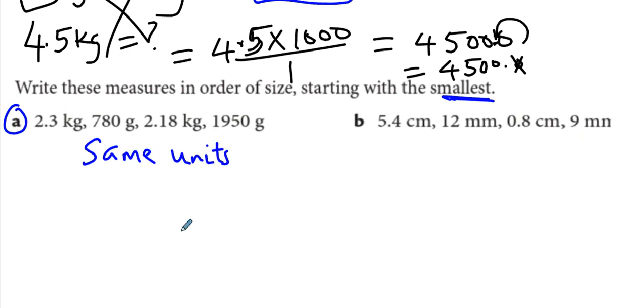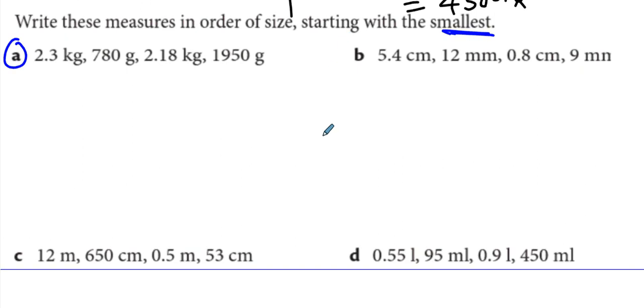Now, how do we make the same units? We have kilogram, gram, kilogram, gram. So the units over here are mixed up. So what do we do? We change these units into one single unit.